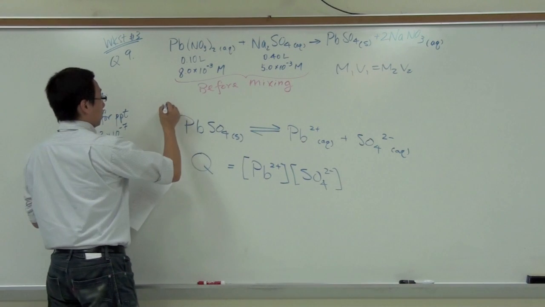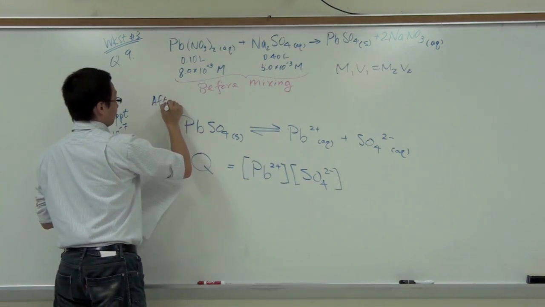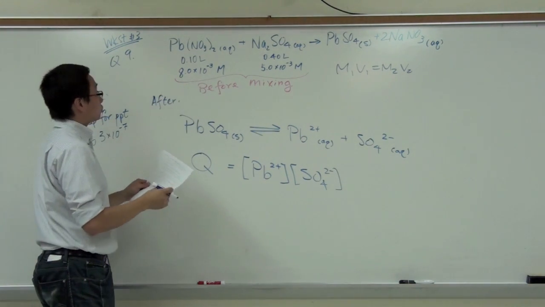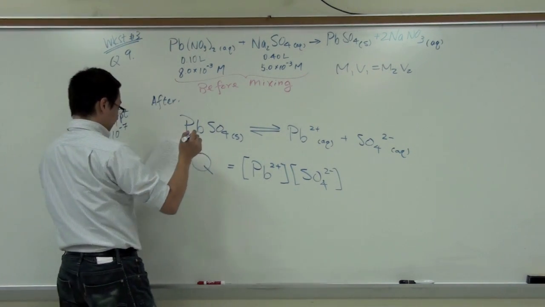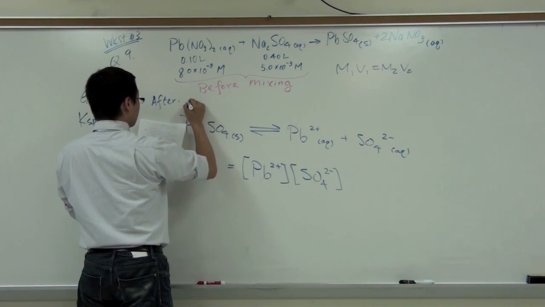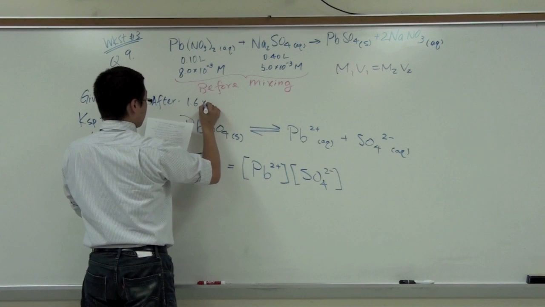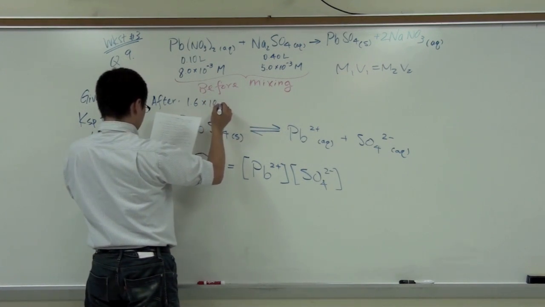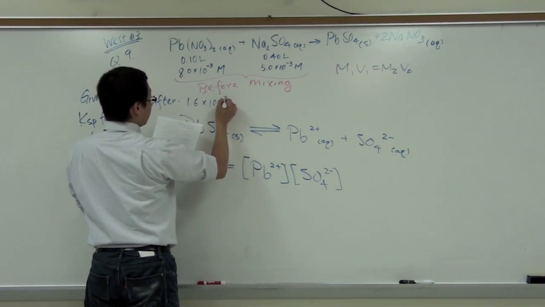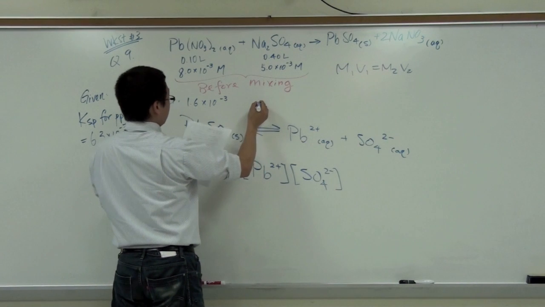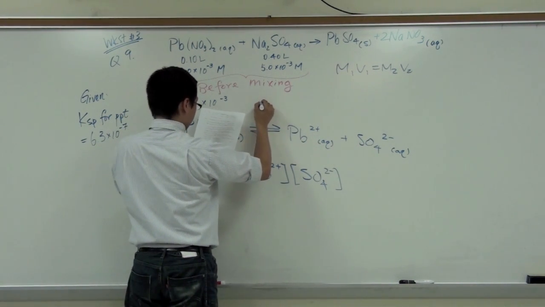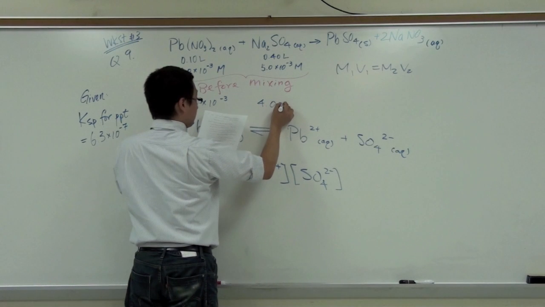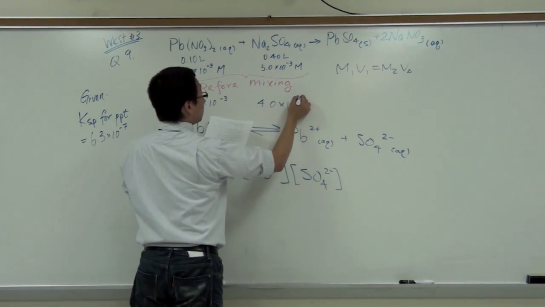So after mixing, the concentration of each solution is going to be 1.6 times 10 to the negative third, and this is going to be 4.0 times 10 to the negative third.